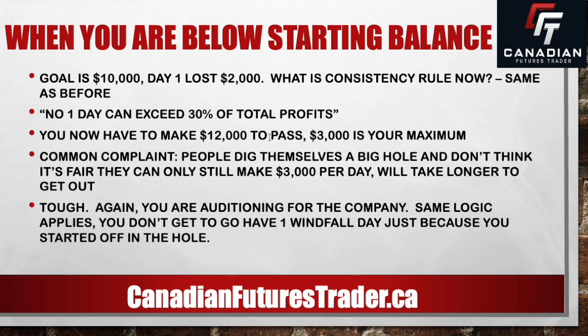Because I feel like I should be able to get back to the starting point easily. The rule doesn't change. No one day can exceed 30% of the total profits. So you lost 2,000 your first day. You now have to make 12,000 to reach that minimum of 10 grand in profit. You still cannot make more than 3 grand in a day, just based on the original parameters. So that's not so bad, right?